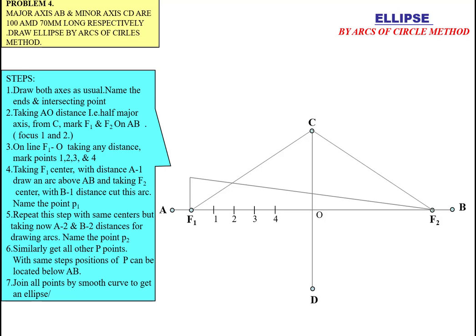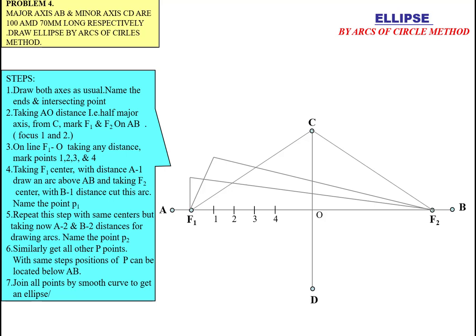So we'll get a point here. Same as, take a radius in rounder as A2 and center as F1 and make an arc. Now take radius B2 and center F2 and make an arc which cuts the before arc. We'll get another point.